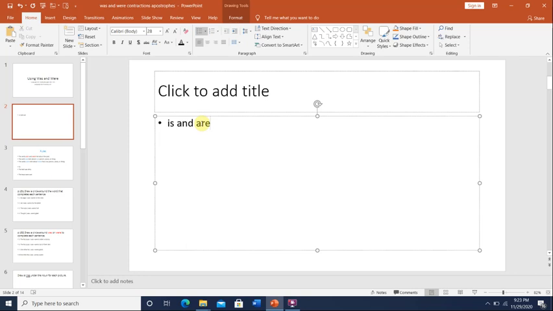So when we want to tell or describe a person, place, or thing in the present, we use is and are. Like, for example, the girl is tall.